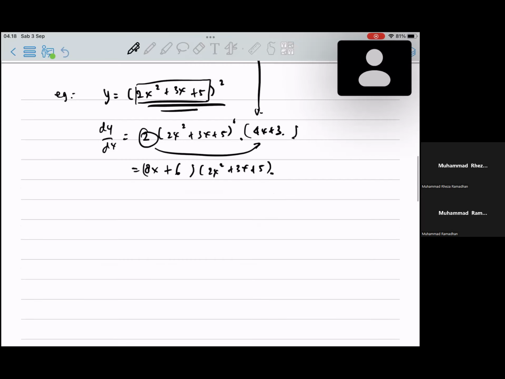And then, for example, if you have root 3x squared plus 7x plus 8, which is the same as 3x squared plus 7x plus 8 to the power of half.